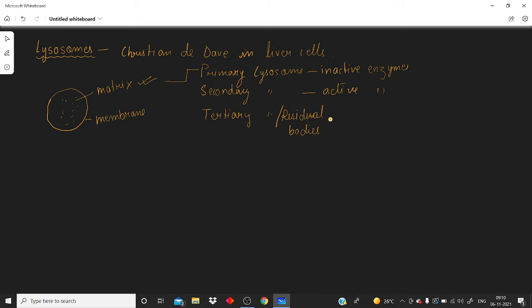These are also actually lysosomes, and they have trapped undigested food material inside them. And lastly, they are called autolysosomes or autophagosomes.